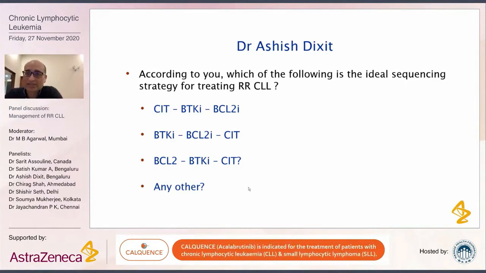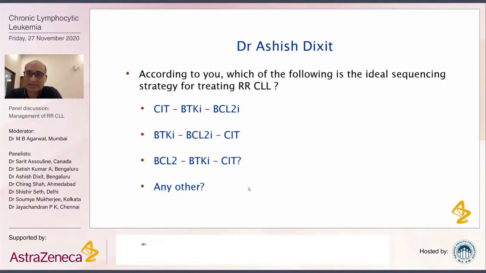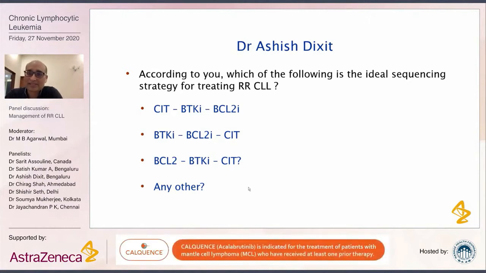Quite a lot of this sequencing will also depend on which particular regimen was used before they became resistant. If it has already been resistant to a BTK inhibitor, then of course the sequence will change to the other type, where the BTK inhibitor will not figure at all.